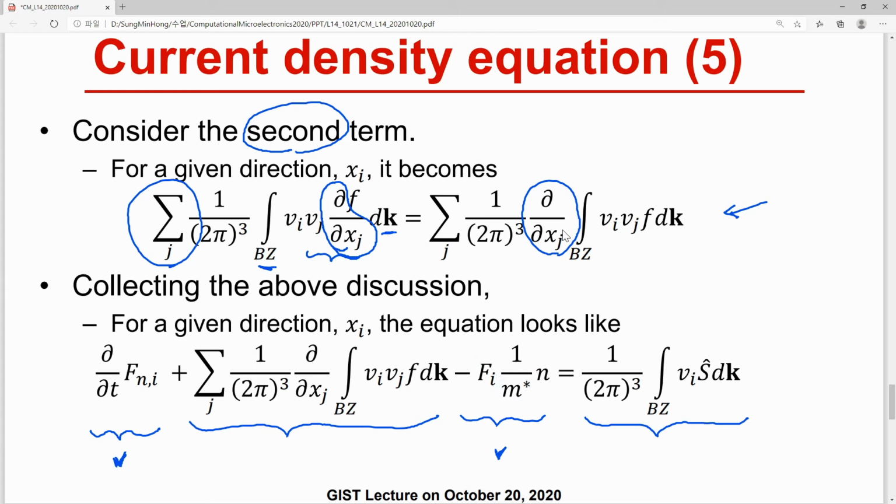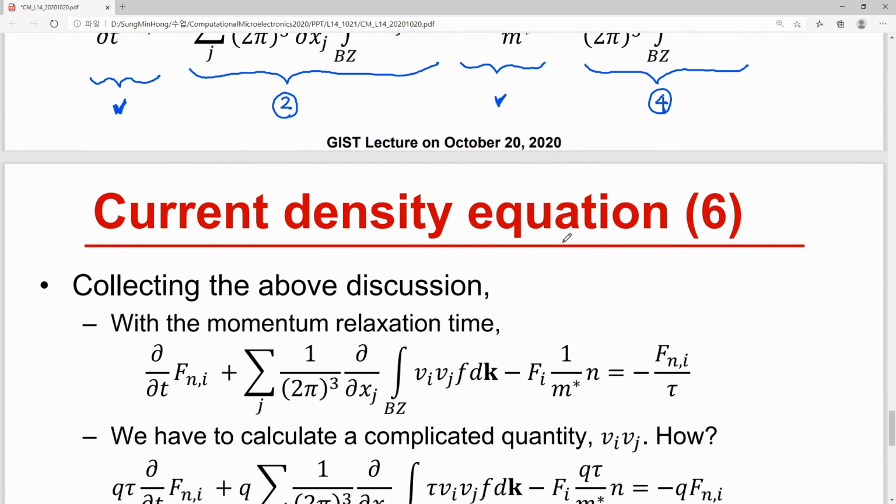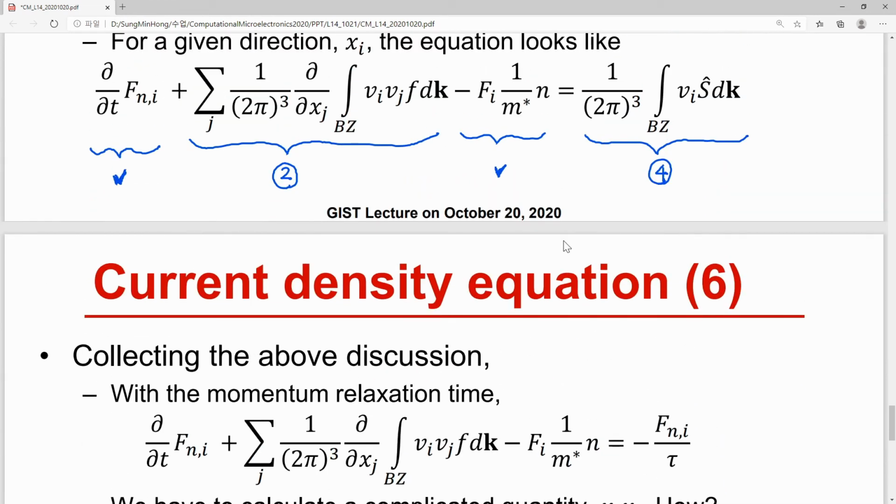So our remaining task is, although they are simplified, we still have to think about this second term and first term. They should be further simplified. In order to do that, we have to introduce more approximations. So our first target is the last term, the scattering term.